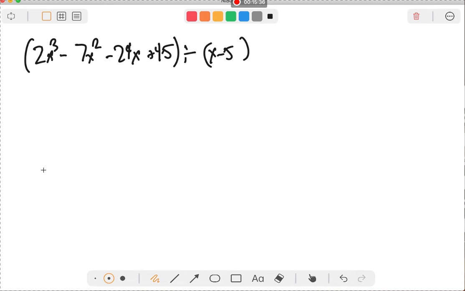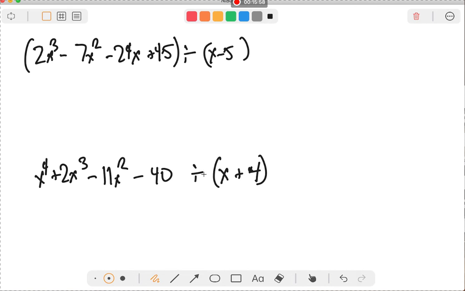Then I want you to try x to the 4th plus 2x cubed minus 11x squared minus 40 and divide this by x plus 4. Pause the video, try to do these 2 problems, then bring it back up and I will have them completed for you.